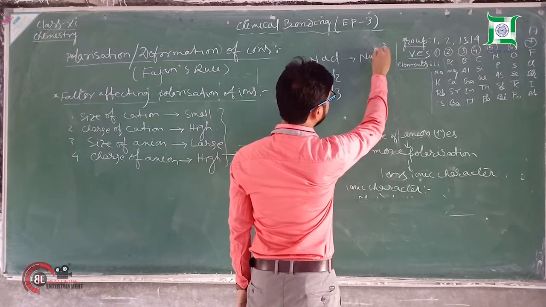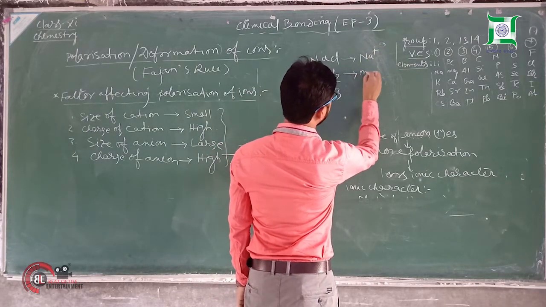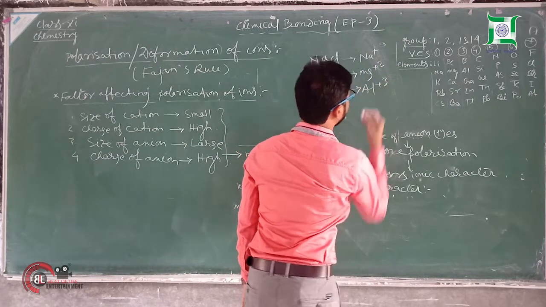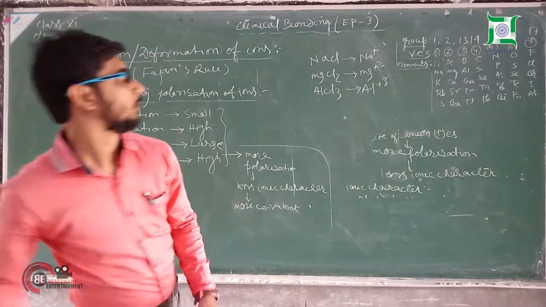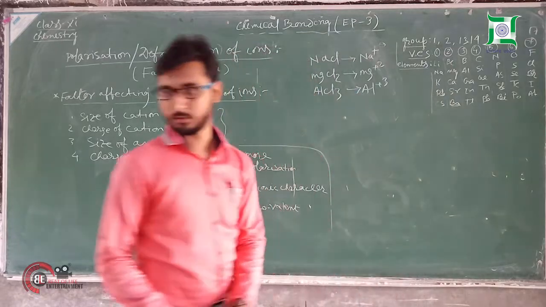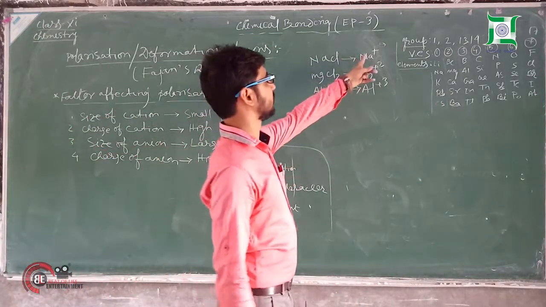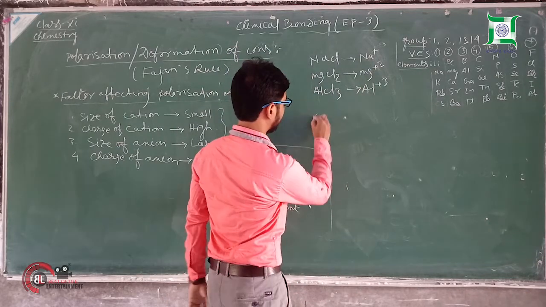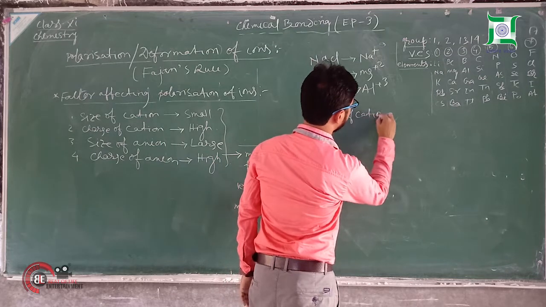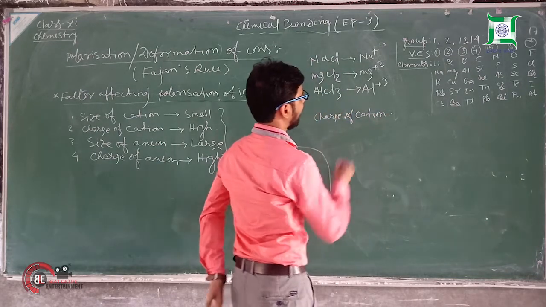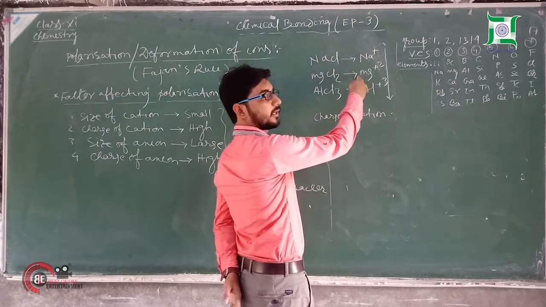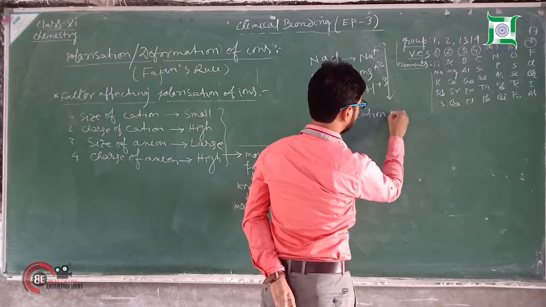In NaCl the cation is Na plus, in MgCl2 the cation is Mg plus 2, and in AlCl3 the cation is Al plus 3. So here we can see that the charge of cation increases from this one to this one to this one, that is from sodium to magnesium to aluminum.